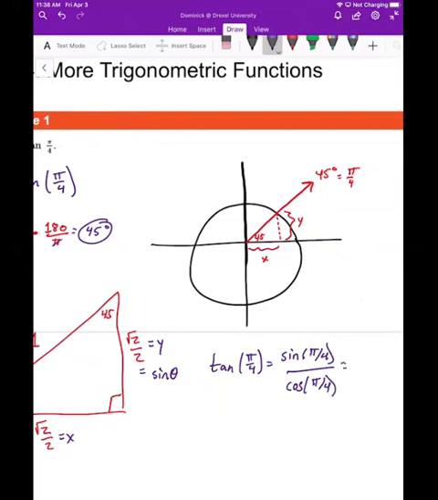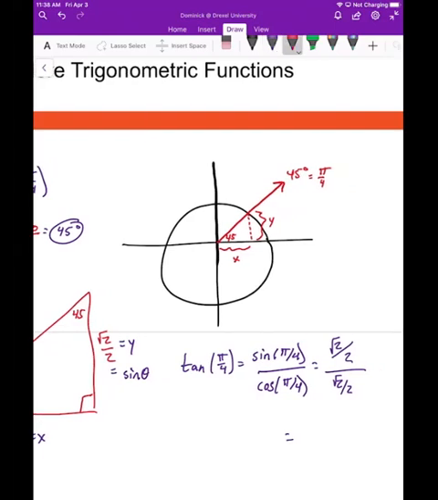But sine, the y value, is square root of 2 over 2. And so is the cosine, also square root of 2 over 2. Now you could do keep, change, flip, and multiply these two fractions, or you could see that you have something divided by itself. So of course, this is just equal to 1. So the tangent of pi over 4 is equal to 1.